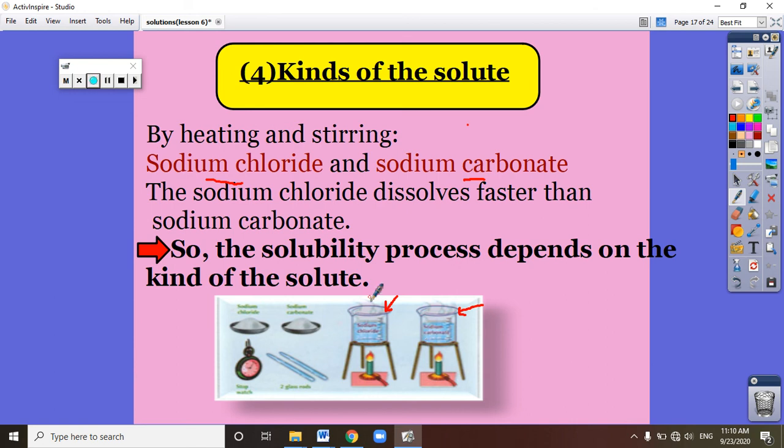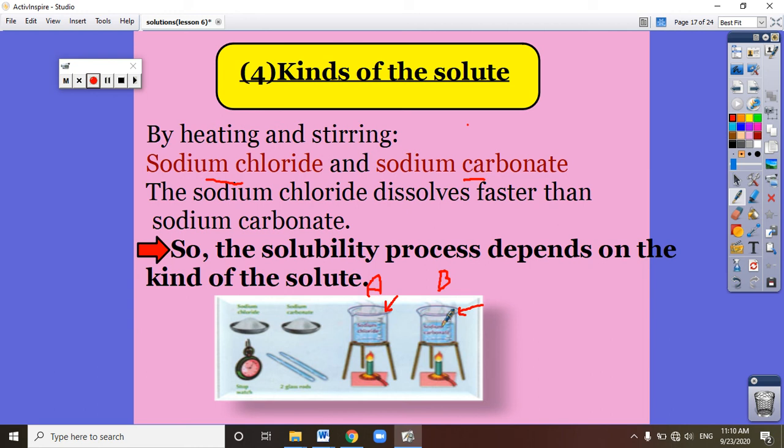Okay, in beaker A, I will put the sodium chloride. In beaker B, I'll put the sodium carbonate, and I'll heat both beakers, increasing the temperature of both. So I have here two beakers that contain the same amount of water or solvent, and for both of them I increase the temperature.